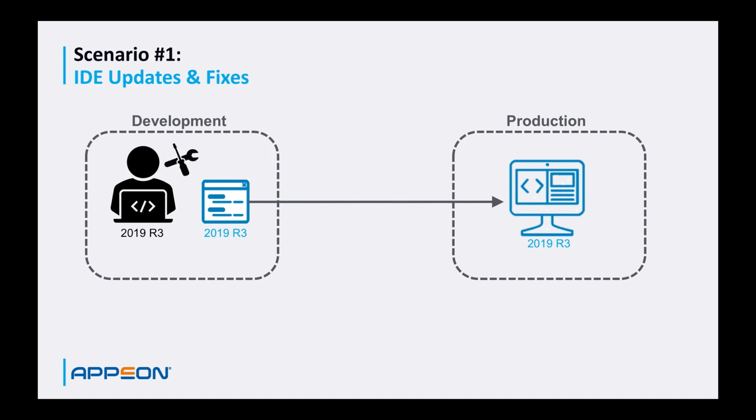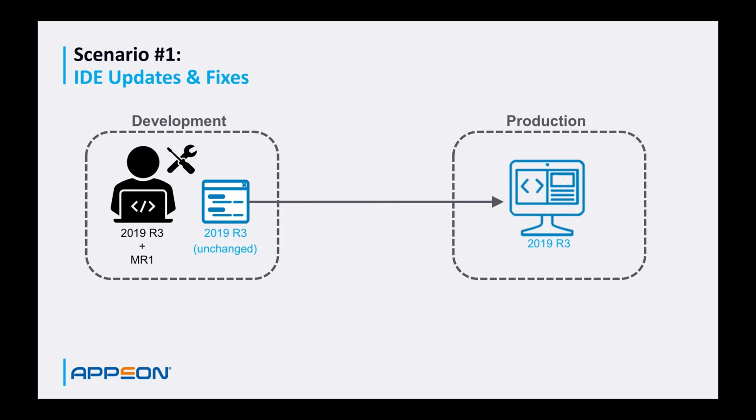Now, let's say you realize there's a bug in the IDE, and you want to install a maintenance release to resolve that. You're able to just update the IDE with that maintenance release independently and keep the runtime at that version that is working fine, and you don't want to do any retesting or anything like that.